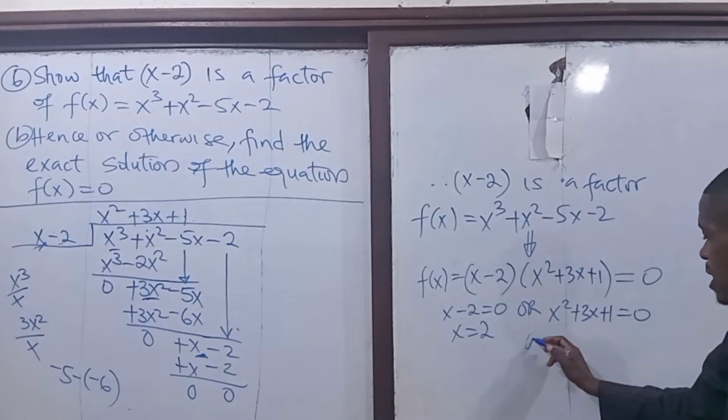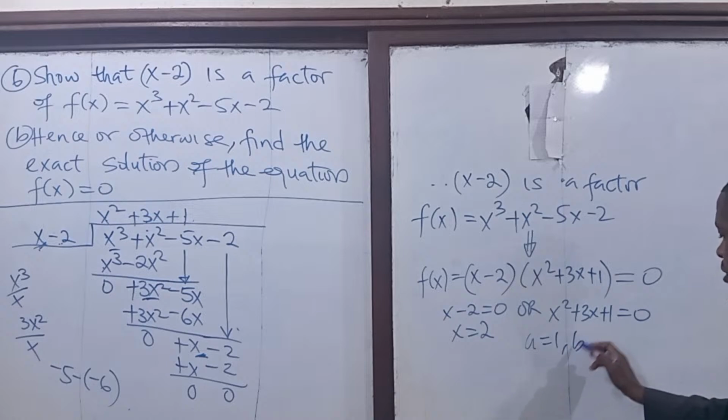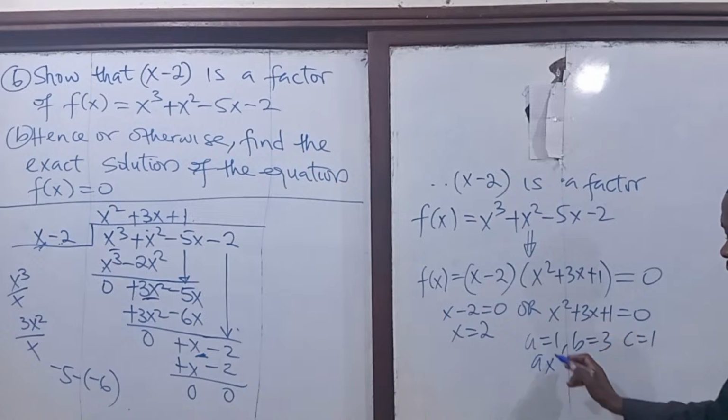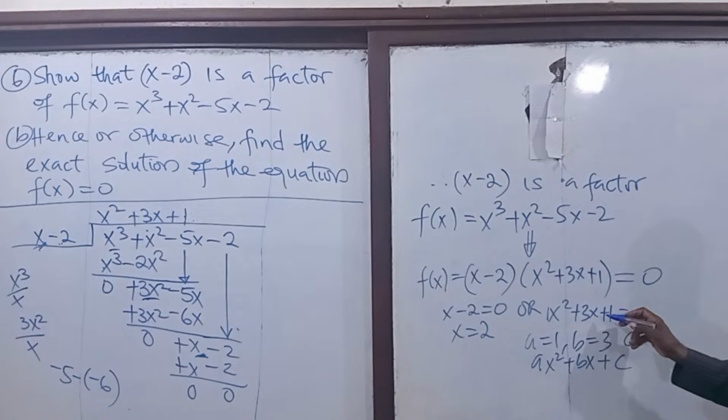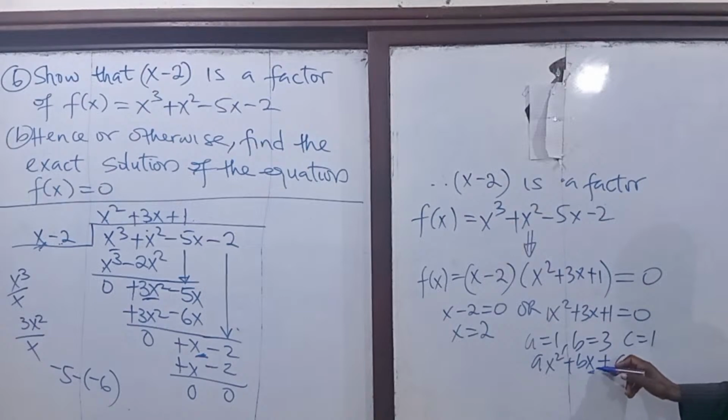That means a is equal to 1, b is equal to 3, and c is equal to 1. You correspond these to the standard quadratic equation, ax squared plus bx plus c. The coefficient of x squared is a. The coefficient of x is b, so b is 3. The constant term is c, which is 1.